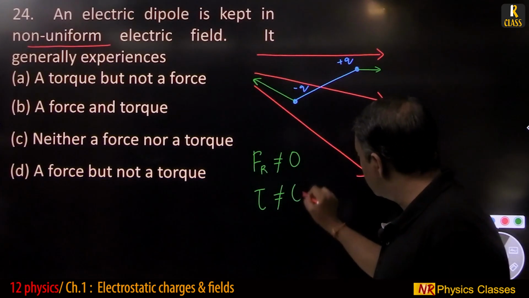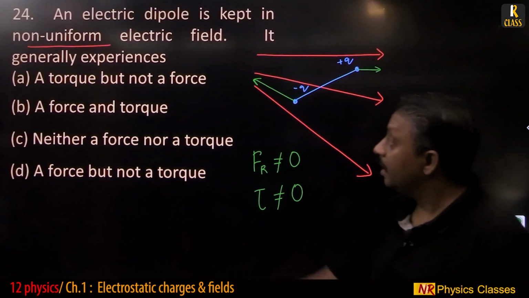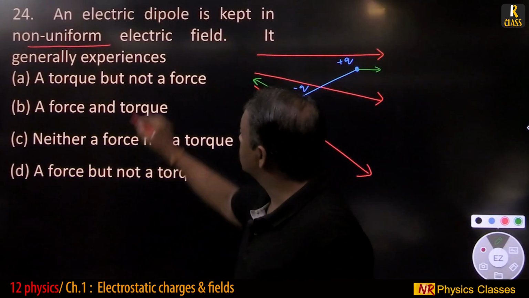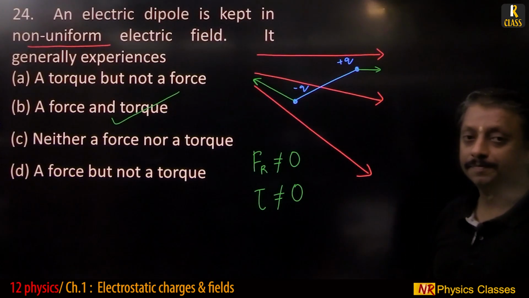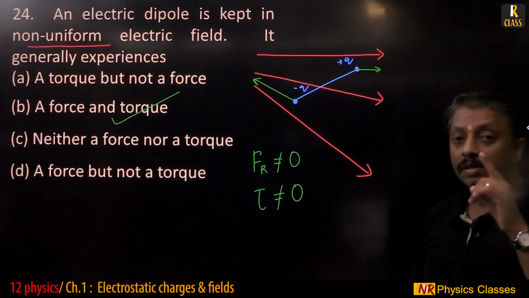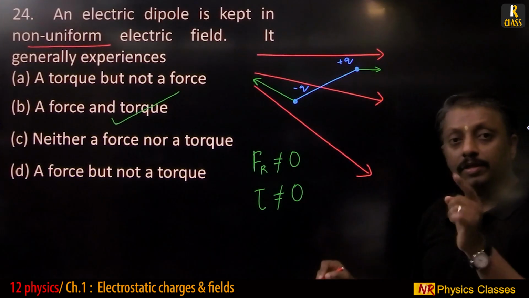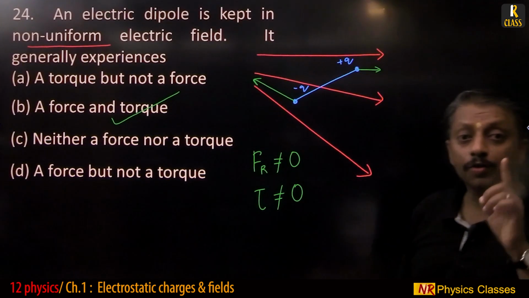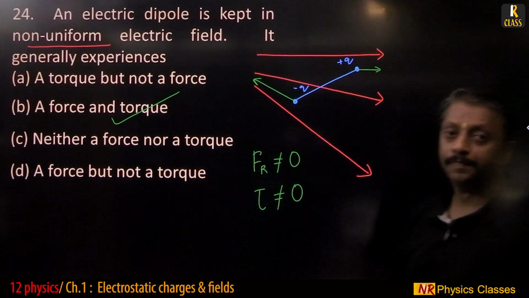Even torque is not equal to 0. Means there is resultant force, there is resultant torque. If it is non-uniform, then both force and torque are present. In our syllabus, the electric dipole is in a uniform electric field. Uniform electric field means there is only torque, there is no resultant force, and this is non-uniform.